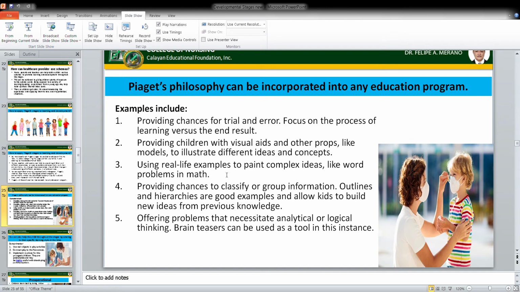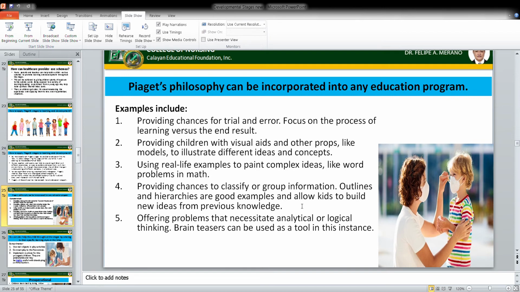In nursing, we always put situations or clinical samples or clinical case studies so that students will learn more and more about different cases, for example in surgery or in medicine.